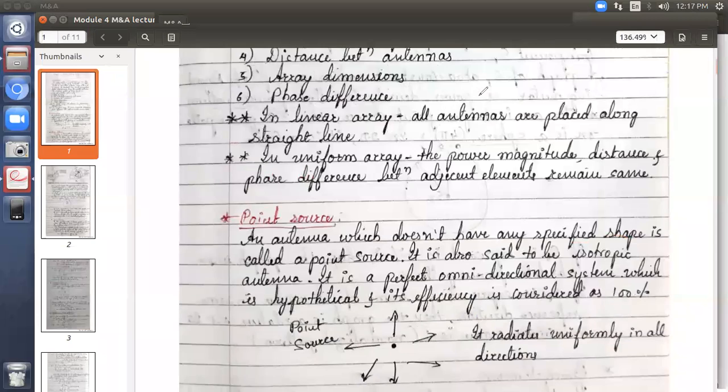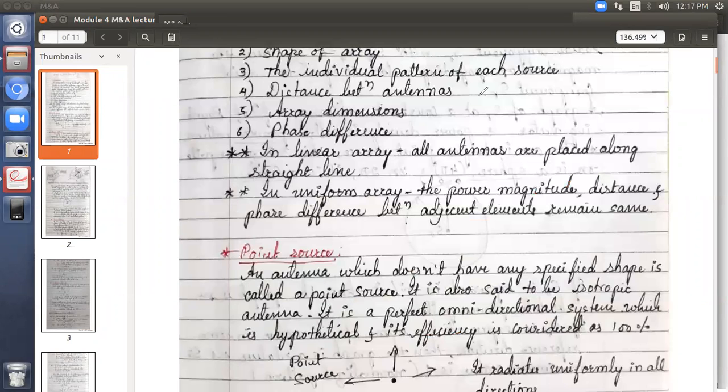Now, in module 3, you have seen the antenna and some of the parameters required to study, because in order to design any new thing, in order to establish any new object for your usage, you should know how it behaves. You should know its properties.